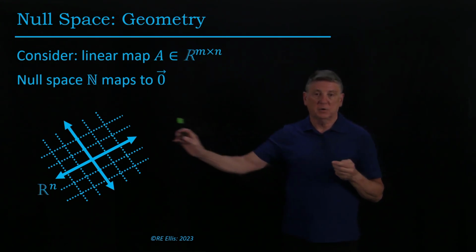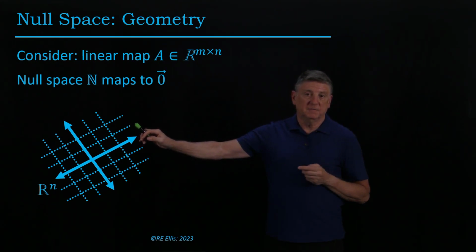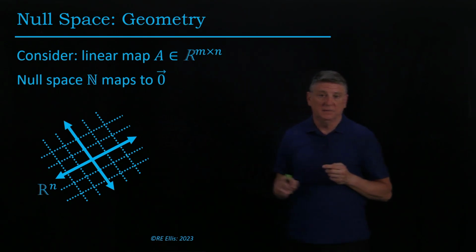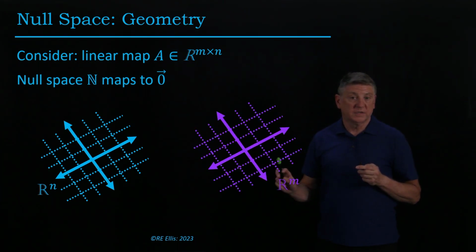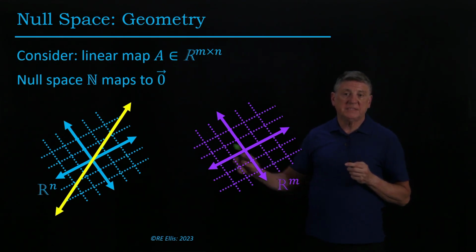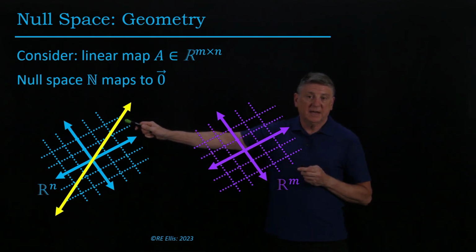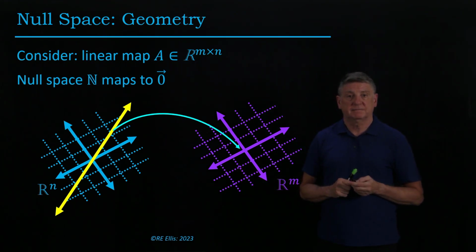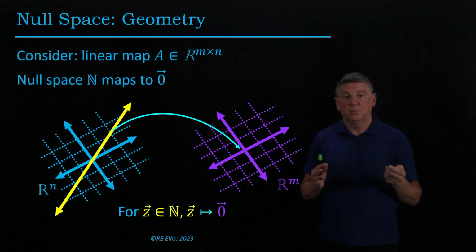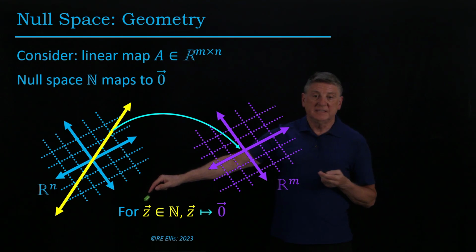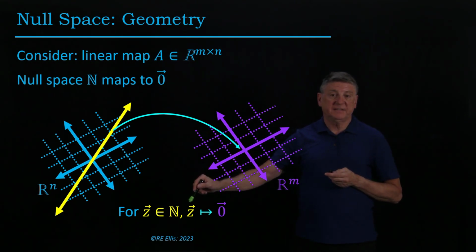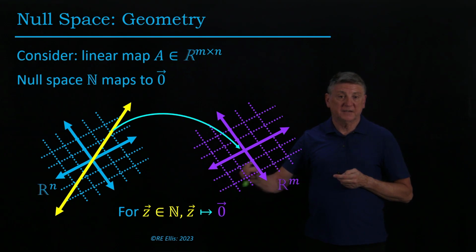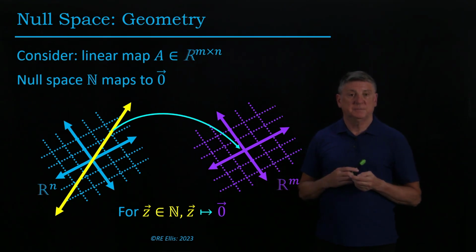If we have our coordinate space of size n, and a coordinate space of size m, there's a subspace in that size n vector space that gets mapped exactly to the origin, or to the zero vector, in the m-dimensional space. One way that we could say it is that if z is a vector in the null space, that specific z gets mapped to the zero vector in this size m space.